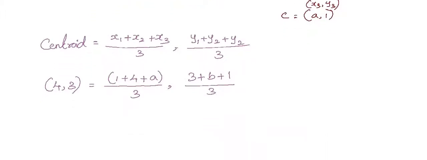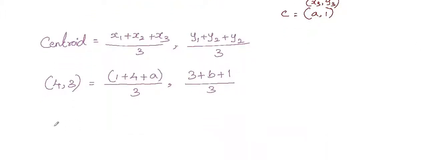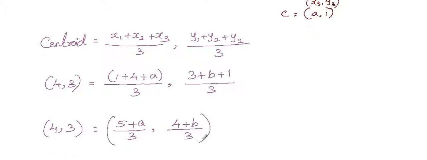So now simplify this. (4, 3) equals 1 plus 4 is 5, so (5 + A) divided by 3, and 3 plus 1 is 4, so (4 + B) divided by 3. Now just compare these points and find the values of A and B.